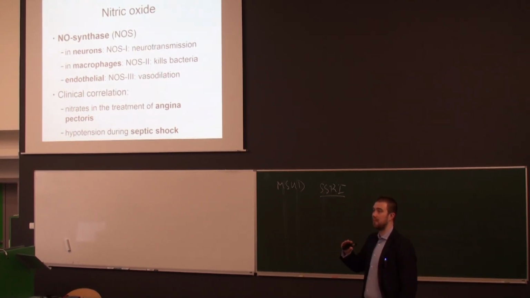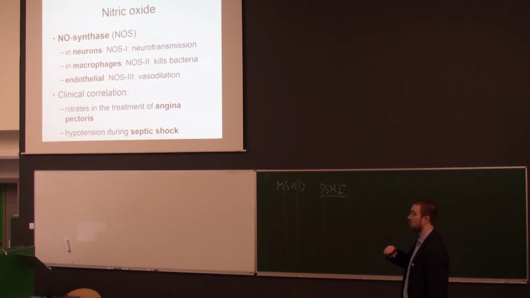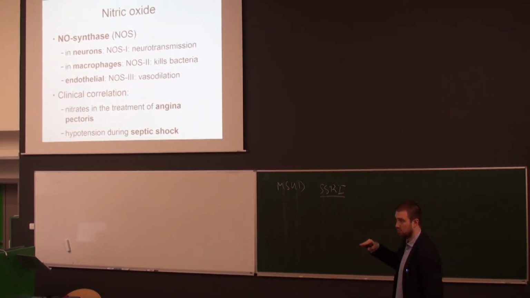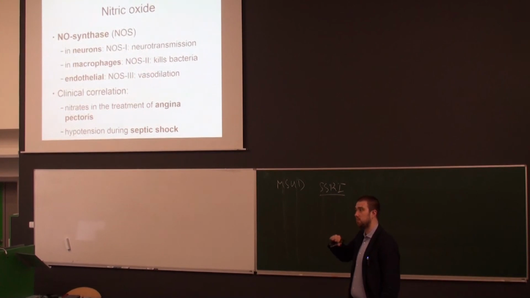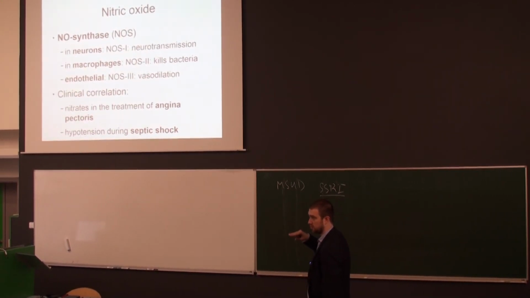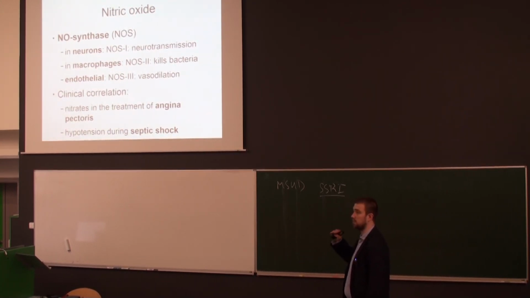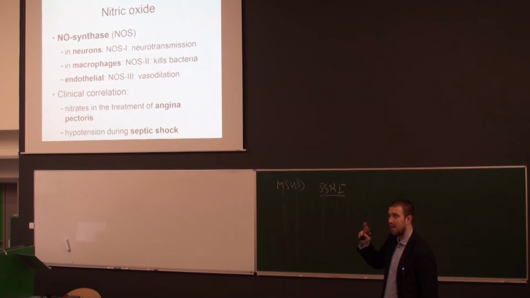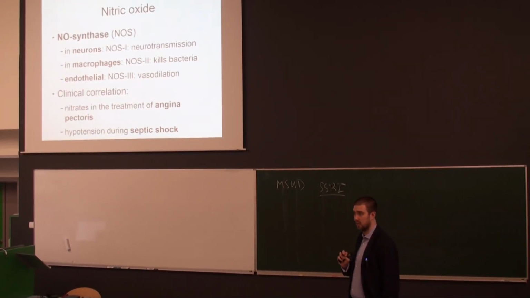And you must have a balance between the production of vasodilators and vasoconstrictors to keep your normal blood pressure. And nitric oxide was found to be really crucial in the process of keeping a normal blood pressure at the level of endothelial cells.